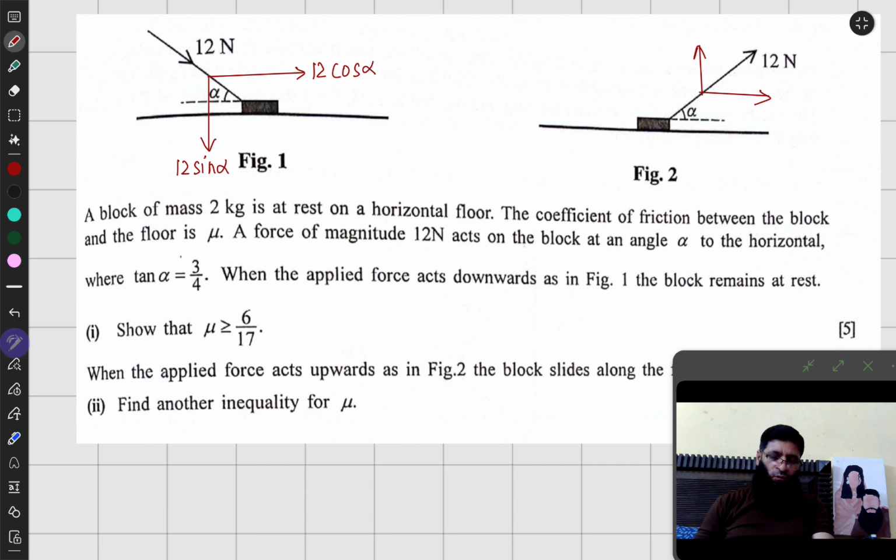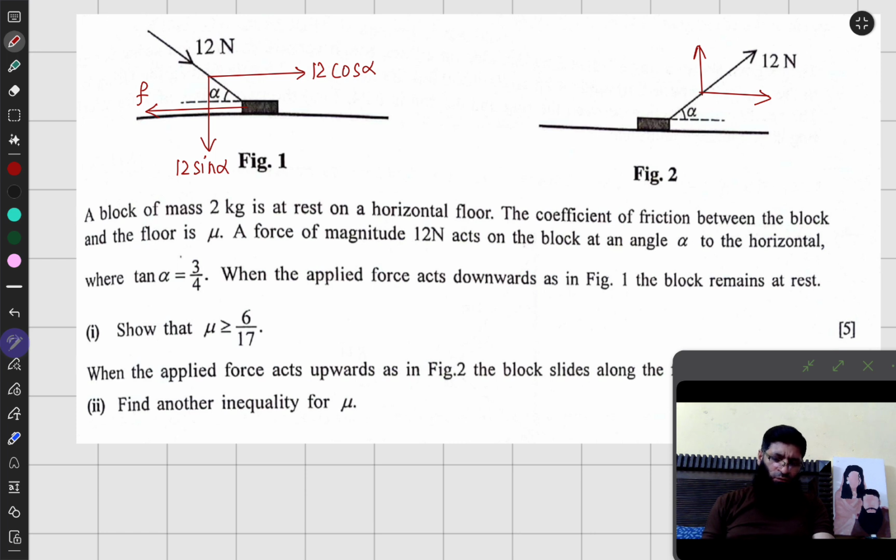You have resolved these two forces, plus you can see that the object is moving forward, and you need to remember one thing about friction, that the force of friction is always against the movement. This object will move forward in any case. It will never move backward. So this object is moving forward. It means that the force of friction will be backward.